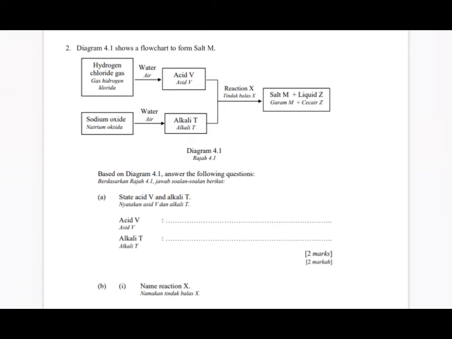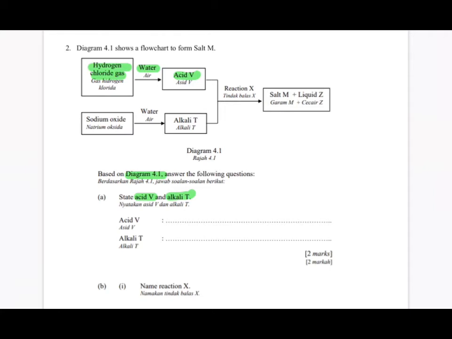Okay, question 2 is given a flow chart to form a salt M. Based on the diagram, answer the following questions. State the acid V and alkali T. For acid V, this is hydrogen chloride and water.